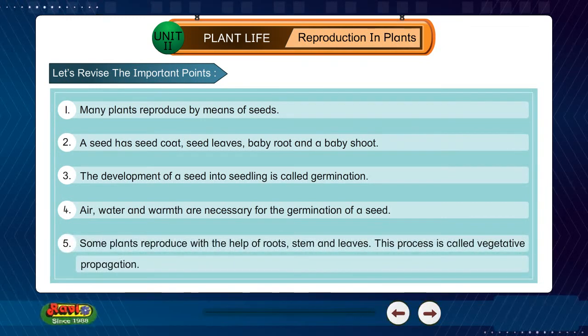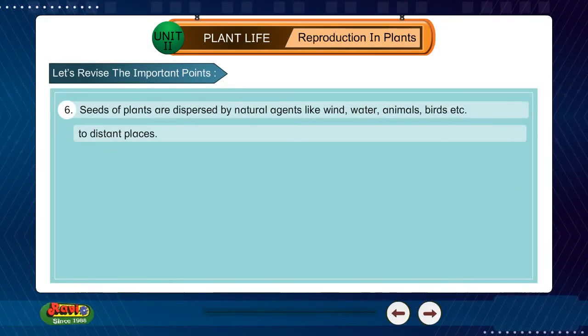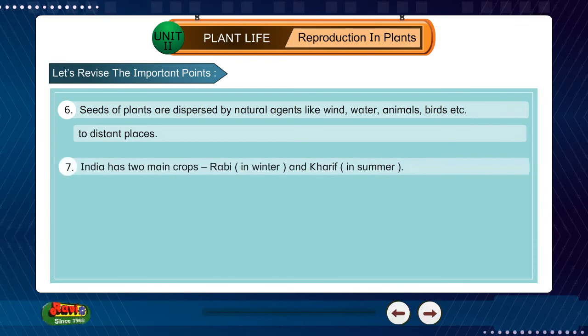5. Some plants reproduce with the help of roots, stem and leaves. This process is called vegetative propagation. 6. Seeds of plants are dispersed by natural agents like wind, water, animals, birds, etc. to distant places. 7.